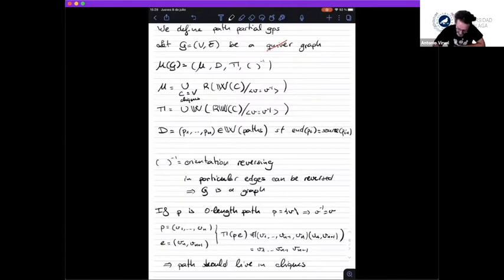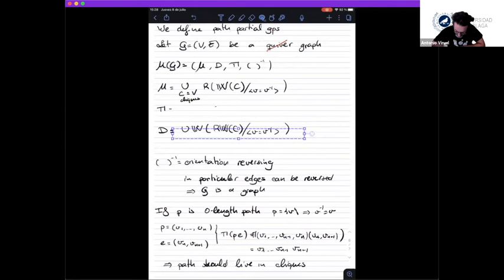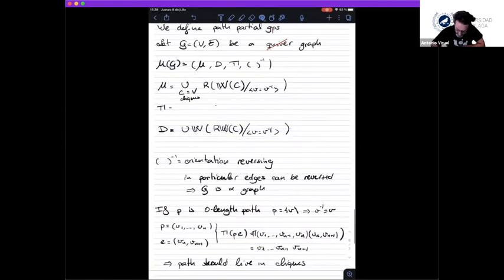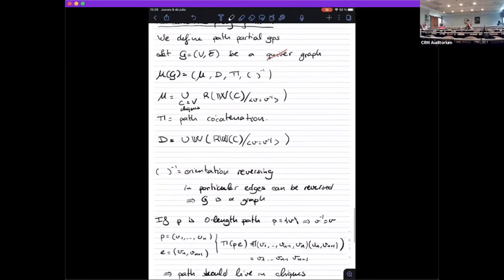Oops, this is not here. And this will be path concatenation. So that's going to be a path partial group, right?